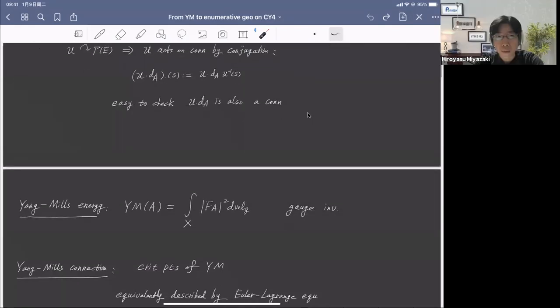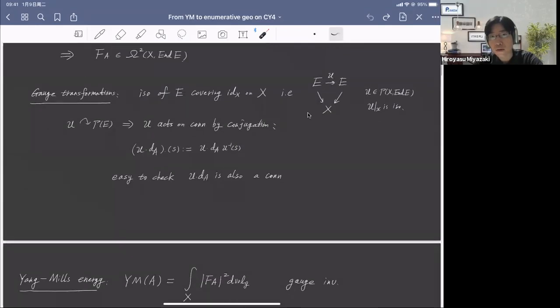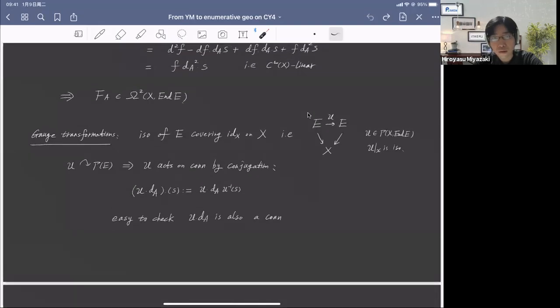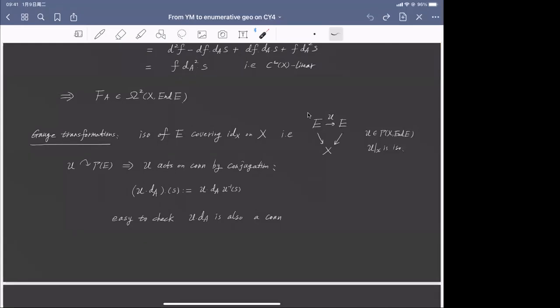So, may I ask a question, please? Yeah, please. In the definition of gauge transformation, you say that the restriction of U onto X is an isomorphism. Yes. Don't you need to assume that it's an identity? Is it enough to say that it's an isomorphism? Yes. So here, this is a section of this endomorphism bundle.